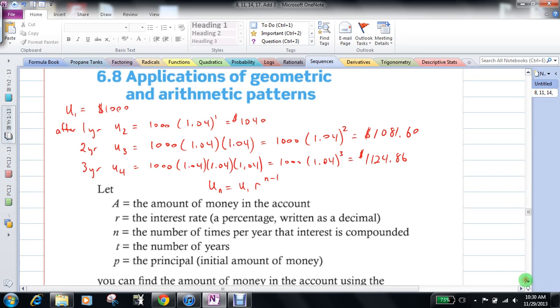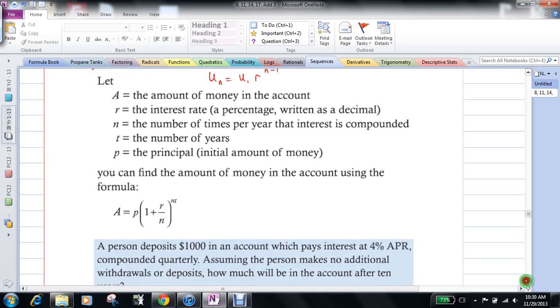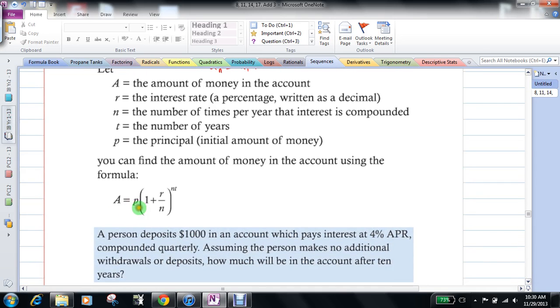Now, we can play with that in terms of a geometric sequence, but we can also play with it with the formula that we had from the chapter previous with exponents and logs. The compound interest formula, remember, I wrote it down as final amount equals initial amount times 1 plus r over n, and we're dividing this interest rate by the number of compounding periods in the year, right?